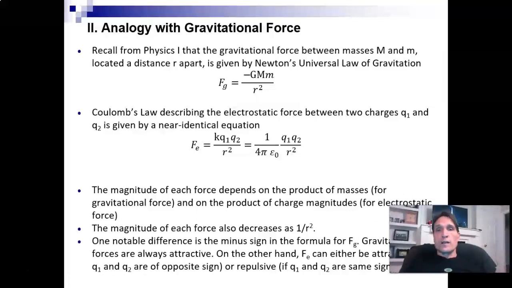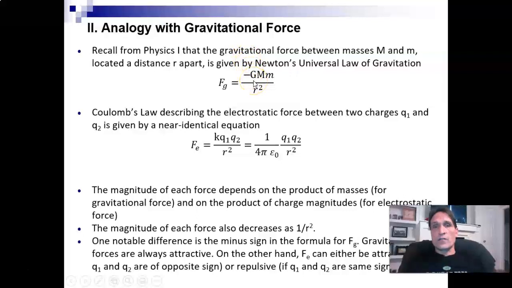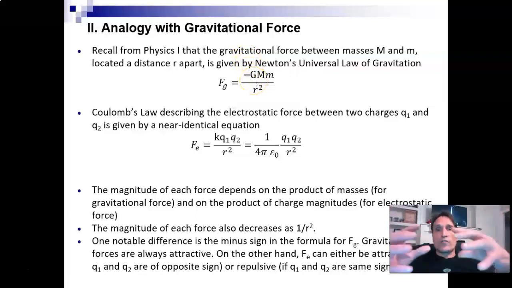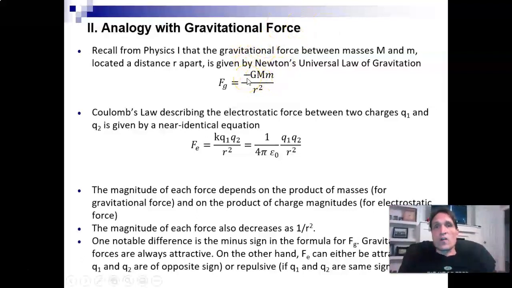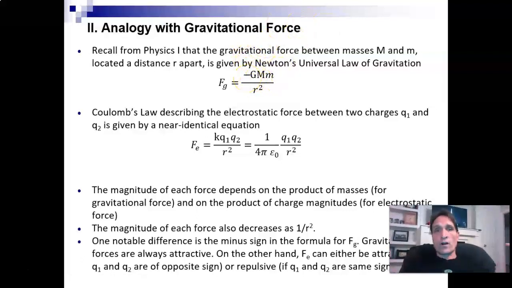They're equal in magnitude and opposite in direction, so they attract each other with the same magnitude of force. And that negative sign means that it's always attractive. The force is always pointing along the line between the two masses.